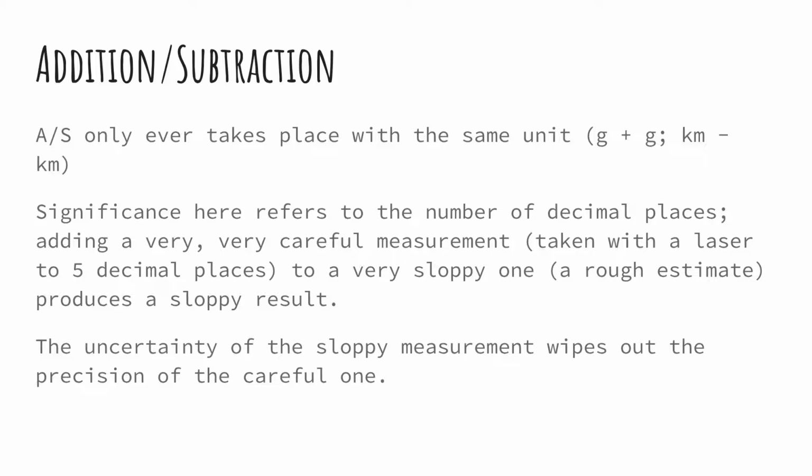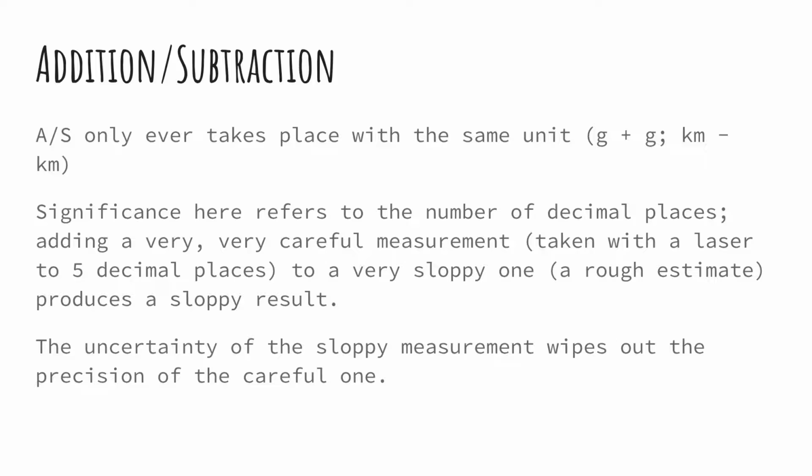Okay? So, addition and subtraction only ever takes place with the same kind of unit, and that unit has to have the same sort of prefix. So, when we're talking about significance here, what we care about is the number of decimal places.